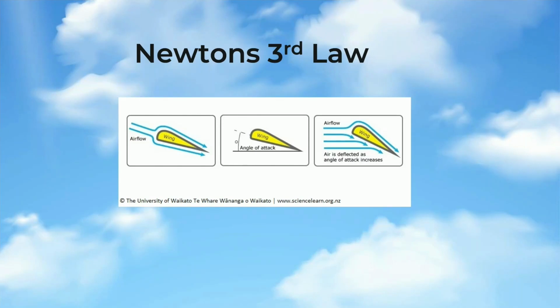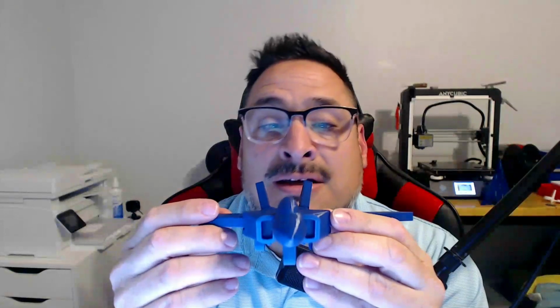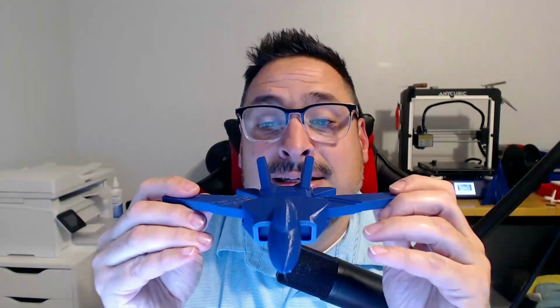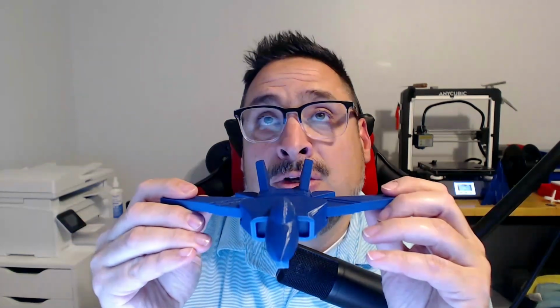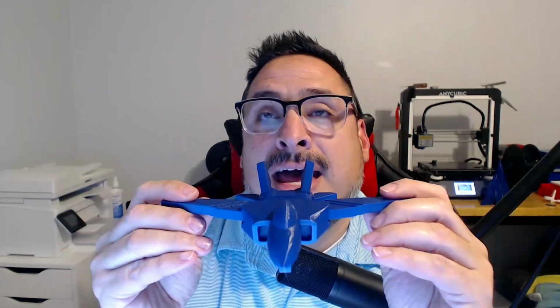If you take a look at this aircraft, it has a pretty flat angle of attack. So in its flat angle of attack, it's going to have less equal and opposite reaction, or less lift. So as we adjust that angle of attack, and I get it, you're like, what the heck are you talking about? Work with me. Let's see if I can get there.